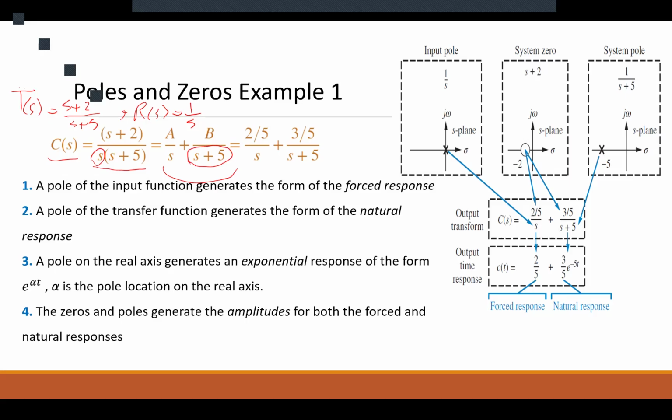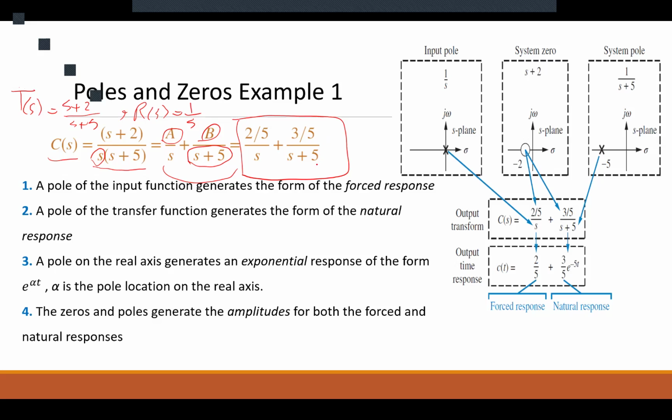Are we good so far? And we already know how to find A and B, so I don't want to take a lot of your time repeating those concepts. If you do that in this example, you are going to see that our output is going to be 2 over 5 divided by S plus 3 over 5 divided by S plus 5.